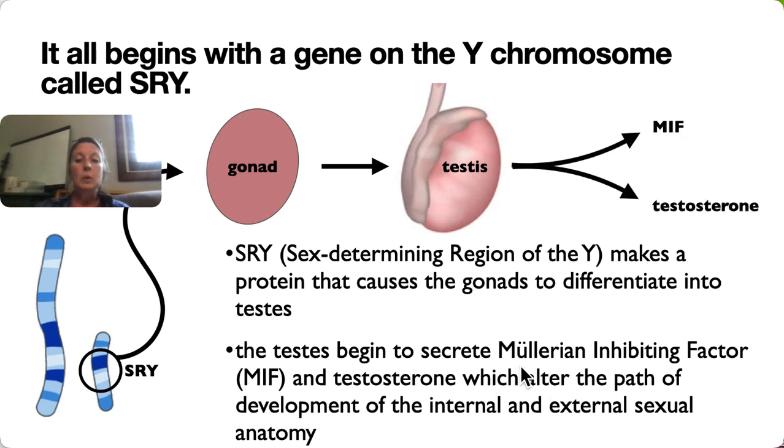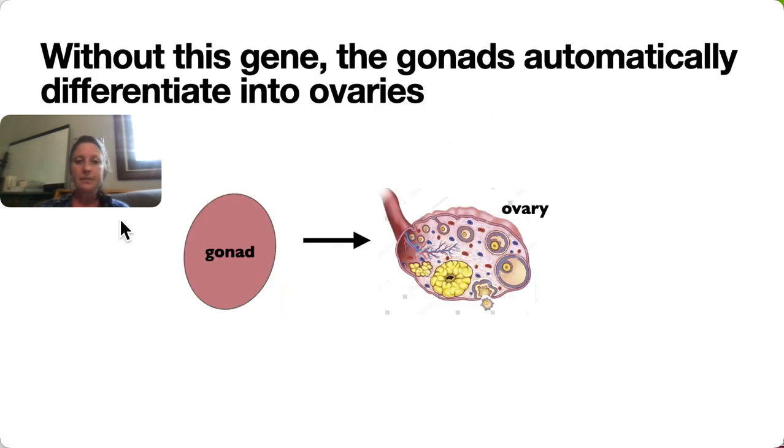One is called Mullerian inhibiting factor, or MIF, and the other is called testosterone. These two things direct the path of development for the internal and the external anatomy. So it all starts with the SRY gene.